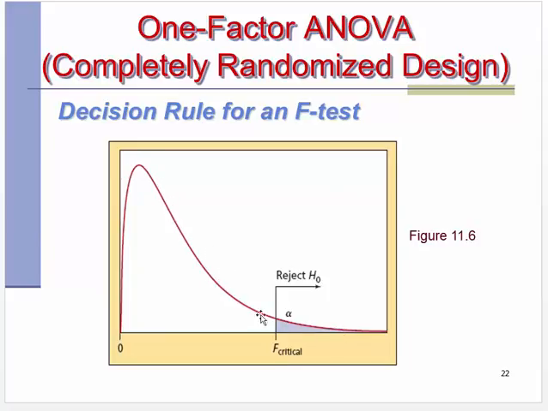The long tail is to the right, and for a given alpha level, normally 5%, so alpha equals 0.05, you find your critical value. If your F test statistic falls in this region, we reject null. If it falls in this region, we do not reject null. That's how we do the ANOVA.